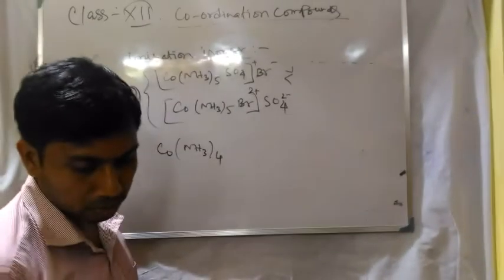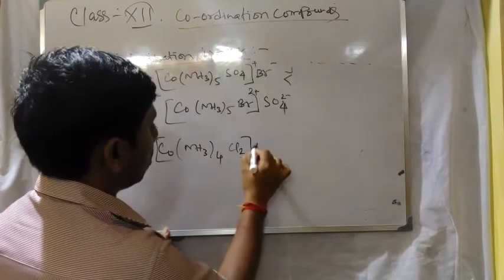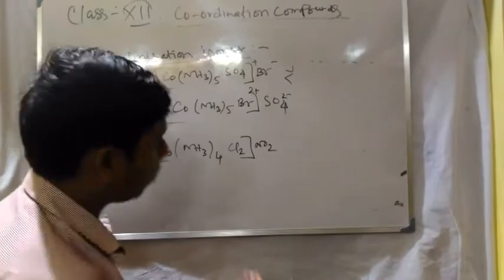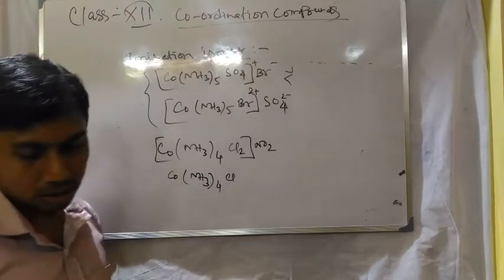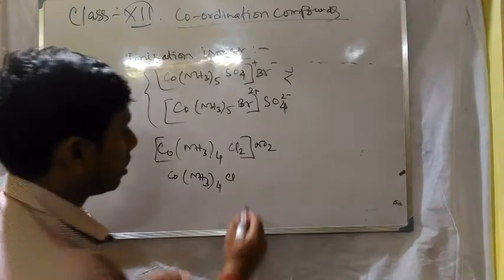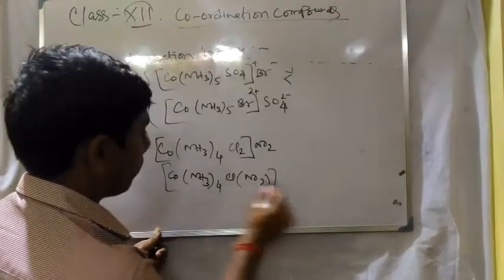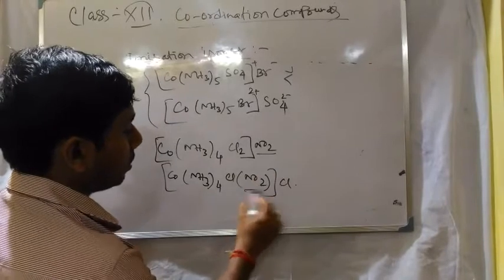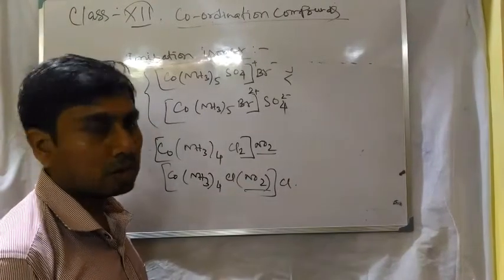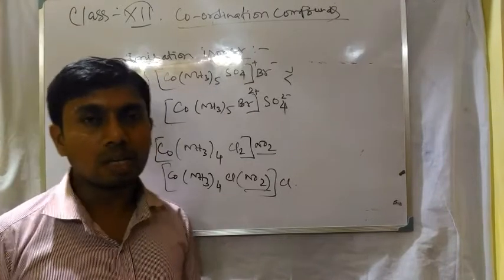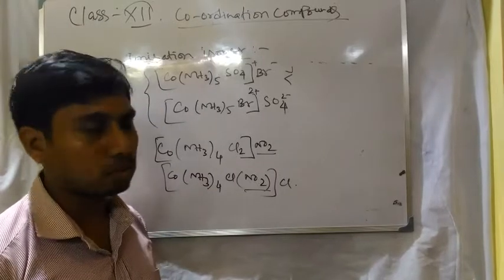Another example of this kind is a compound of cobalt, [Co(NH3)4Cl2]NO2, and another one, [Co(NH3)4Cl(NO2)]Cl. So the position of the NO2 group, that is the nitro group, changes: in the first example it is outside the coordination sphere, and in the second it is in the coordination entity, the inner zone or inner atmosphere.